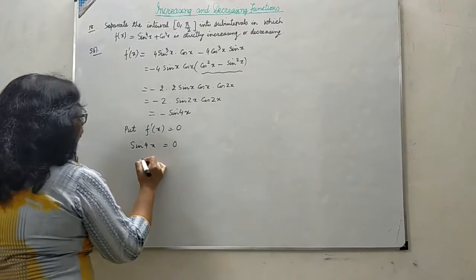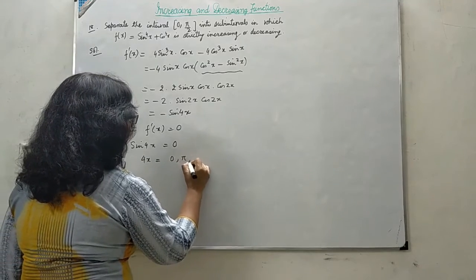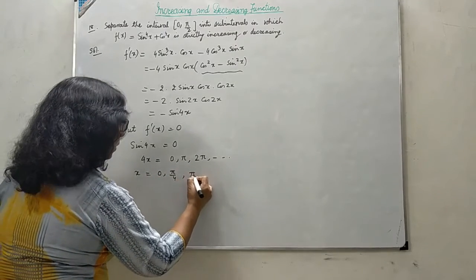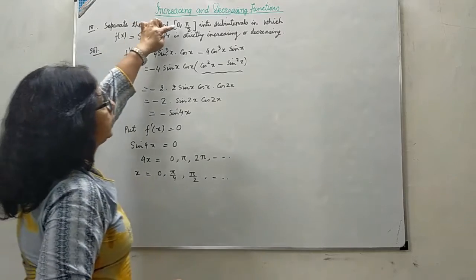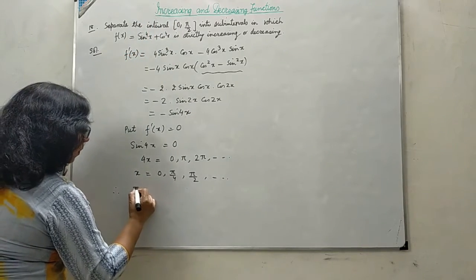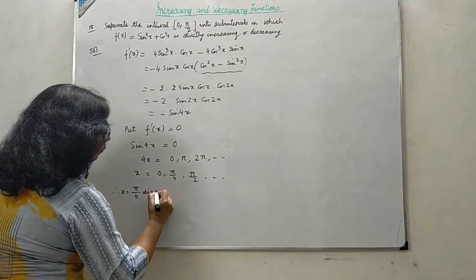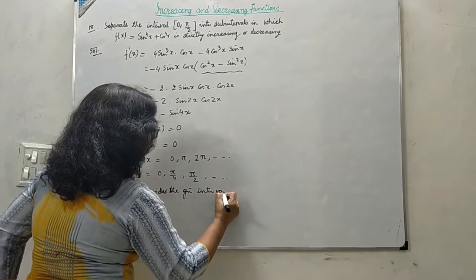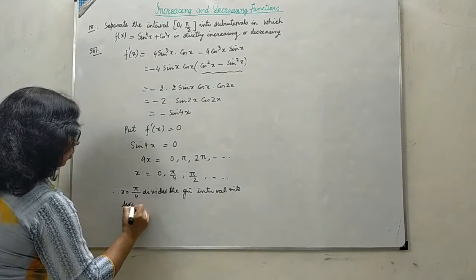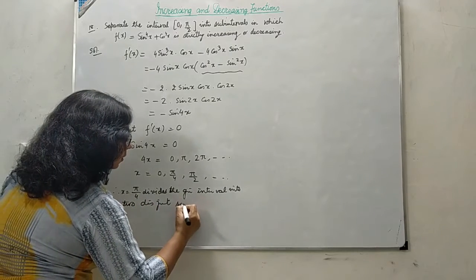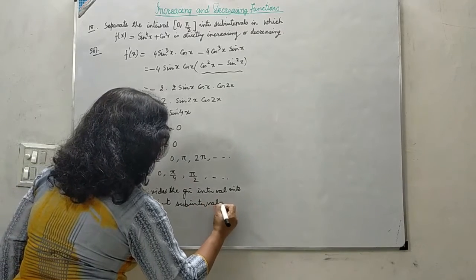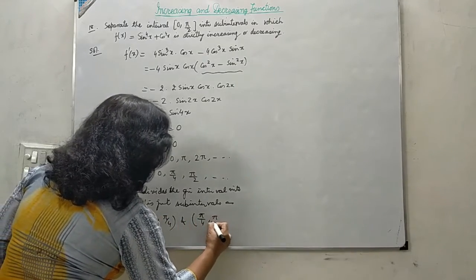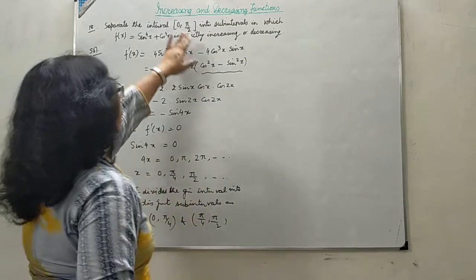Sin is 0 when we have 4x as 0, pi, 2 pi, etc. Then x will become 0, pi by 4, pi by 2, etc. Now because the interval given is 0 to pi by 2, therefore x equal to pi by 4 divides the given interval into 2 disjoint subintervals as 0 to pi by 4 and pi by 4 to pi by 2. We don't need to take other values as they are outside the interval.